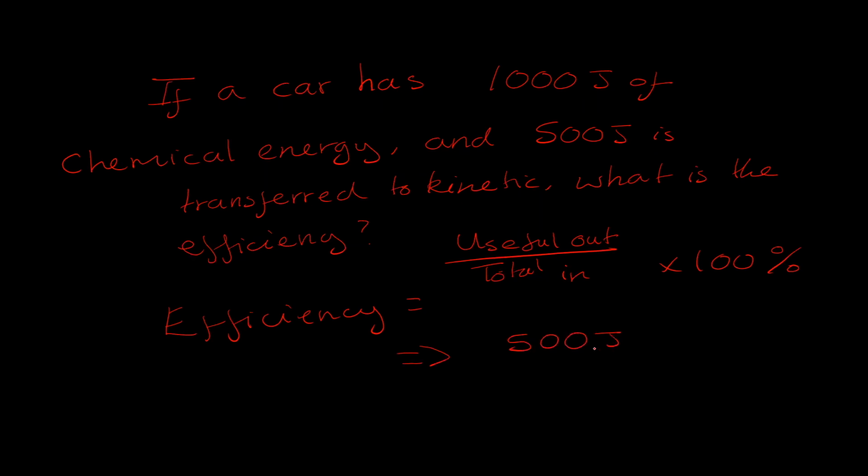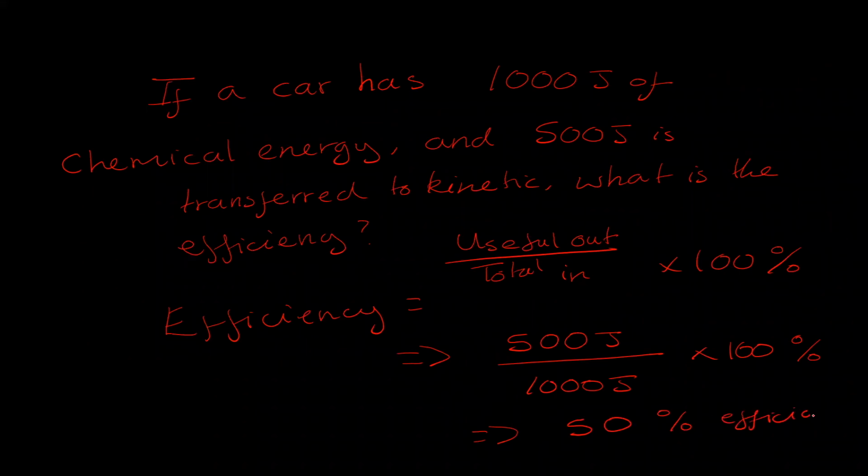So it's identifying what is useful at the time. Total in was 1000. I'm sure you can probably see what we're going to get out of this. Times 100%, so it's going to be 50% efficient. Equations for power, energy, and work will all be interchanged in an exam.